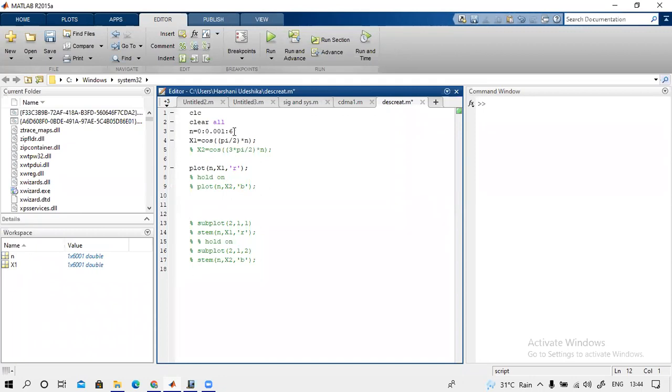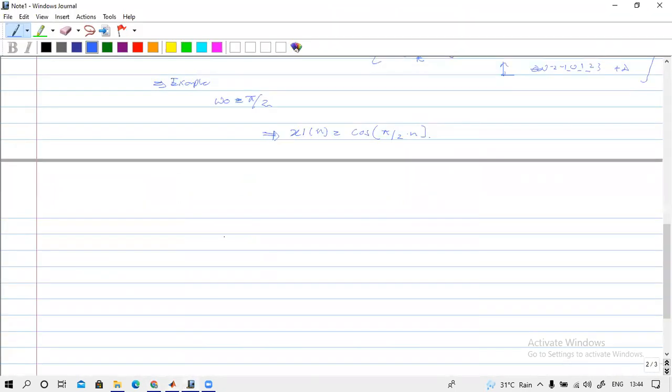For my example, to plot the graph, I define n from 0 to 6 with 0.001 increment: 0, 0.001, 0.002, likewise up to 1, then 1.001, up to 2, then up to 3, and up to 6.